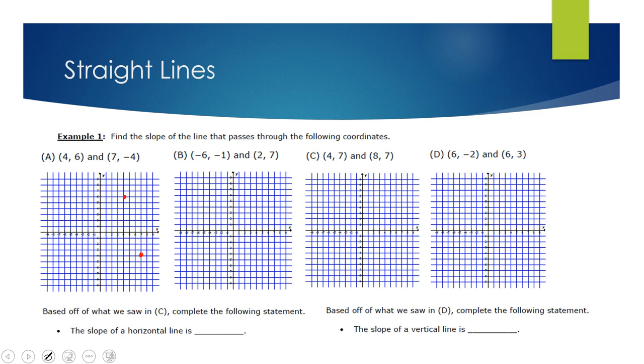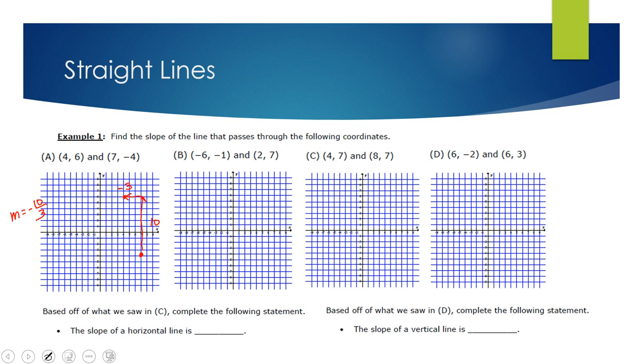I could literally count, I'm moving up from negative 4 to 6, that's 10 units. And I'm moving left 3 units. So I could say that the slope here is negative 10 thirds. And we usually leave them written in fraction form so you can tell what the rise and the run is.